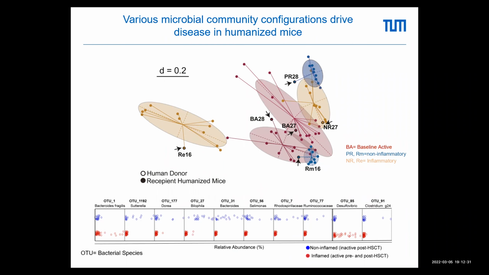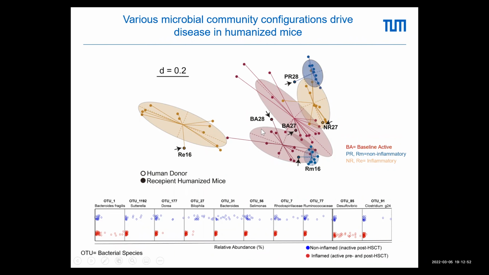What we did next was 16S rRNA gene sequencing on the mice and the respective human donors, to see how similar the gut microbiota in the mouse is to the respective human donor.